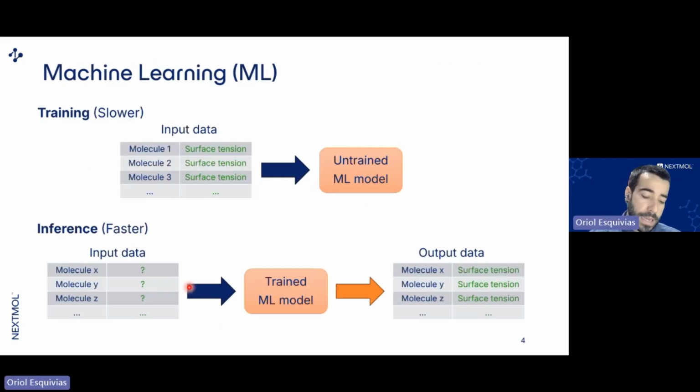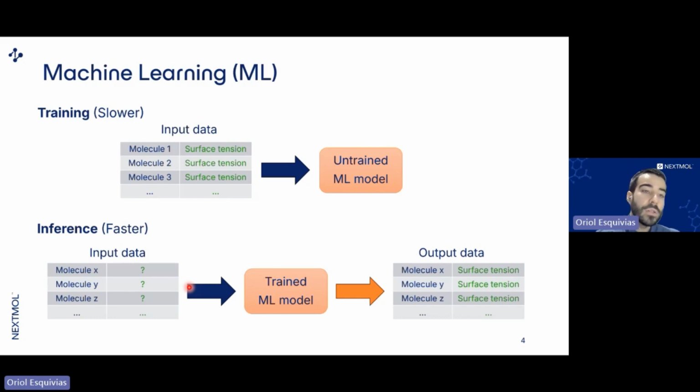So in machine learning, there are two typical phases. First, the training, in this example of supervised learning, where you give the untrained model a molecule and the property associated to that molecule, and it learns the pattern. And then after this slow phase, you have the inference, where you give a new molecule and the model gives you almost instantly a new value of that property.